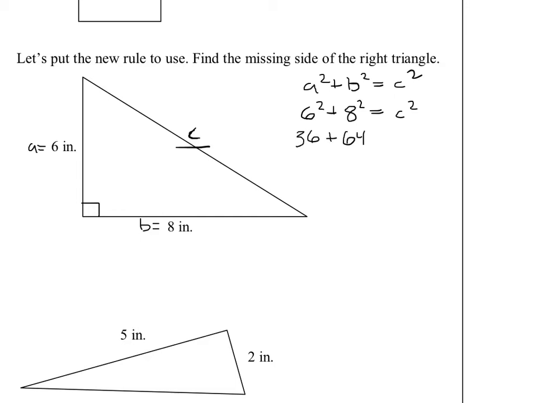Simplifying it a little bit further. And simplifying it even a little bit further. I get that C squared is equal to 100. Now, again, I want to know the length of the hypotenuse, not the size of its square. So right now, we know the size of its square is 100.